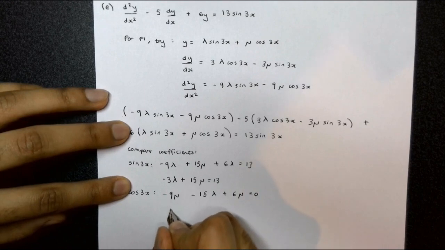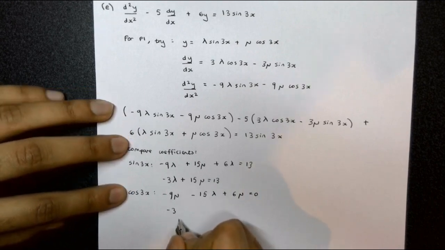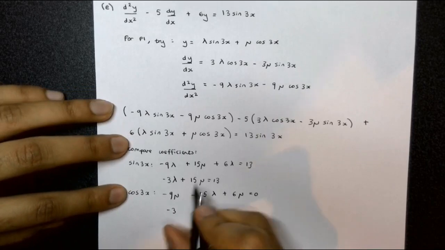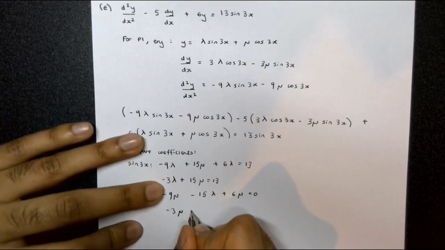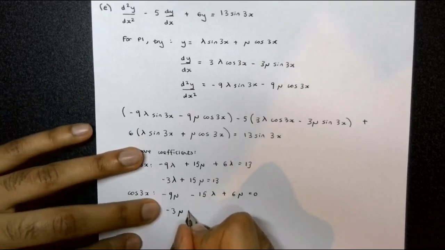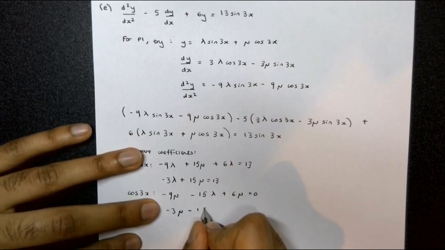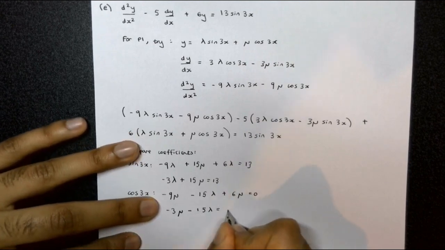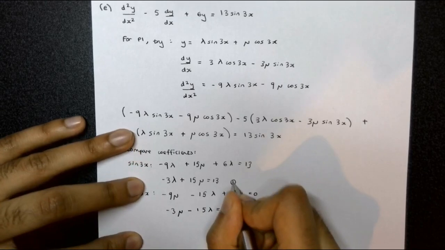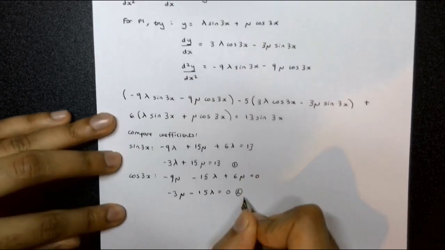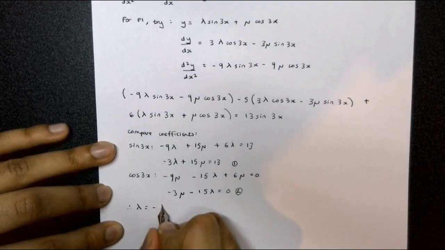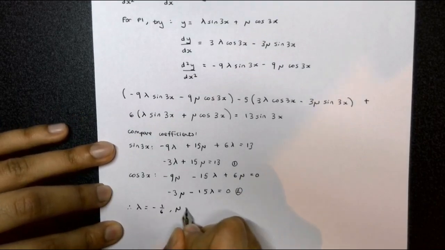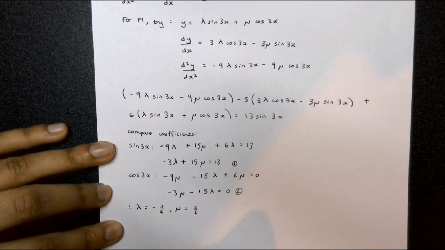So you can see here we've got minus 3 mu minus 15 lambda equals 0. So if I call this equation 1 and this equation 2, solving them simultaneously, you can see lambda is equal to minus 1/6, mu is equal to 5/6.